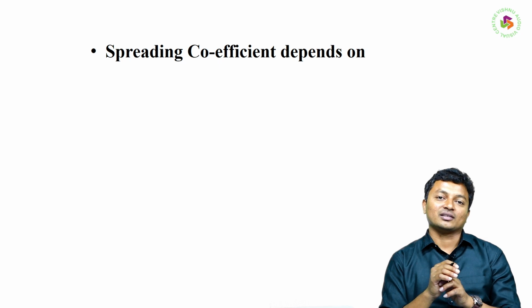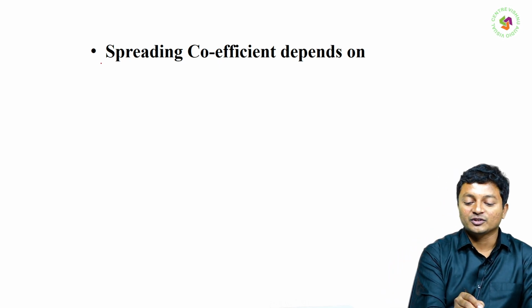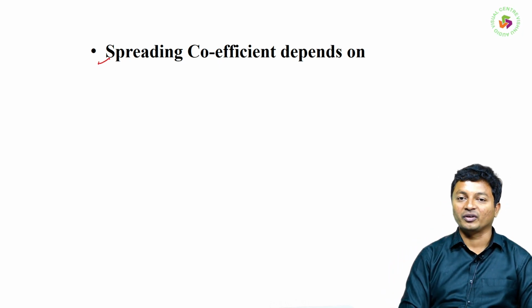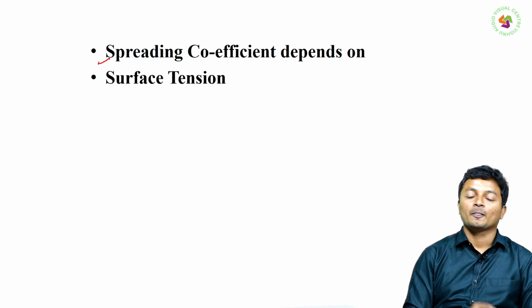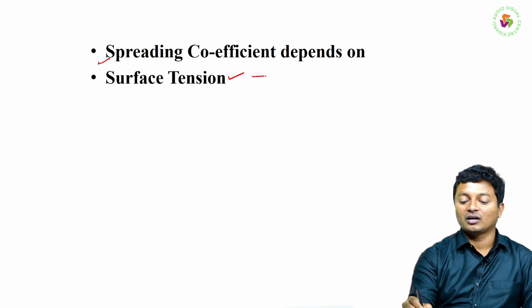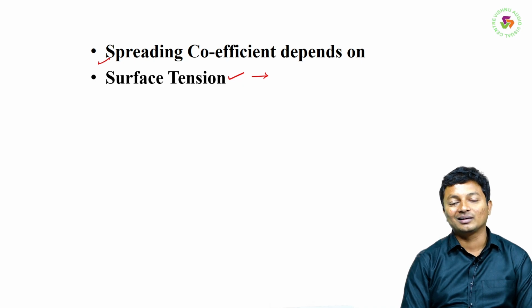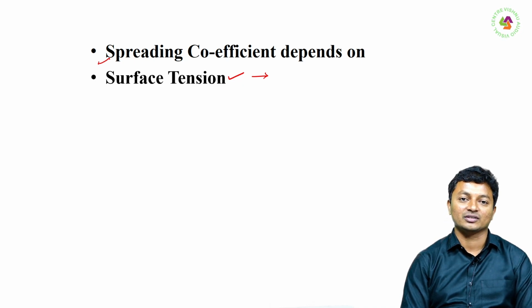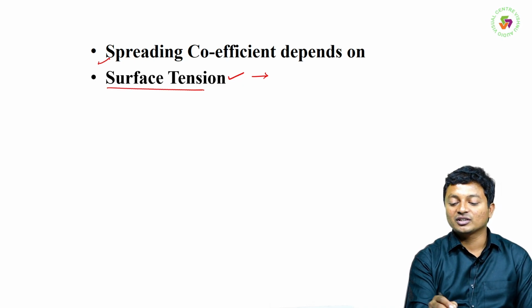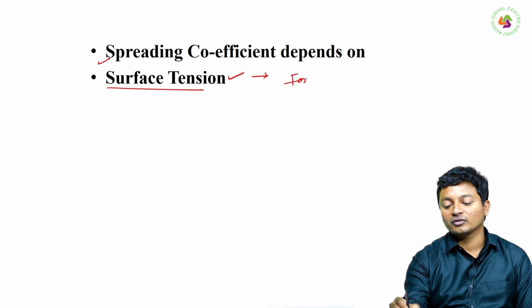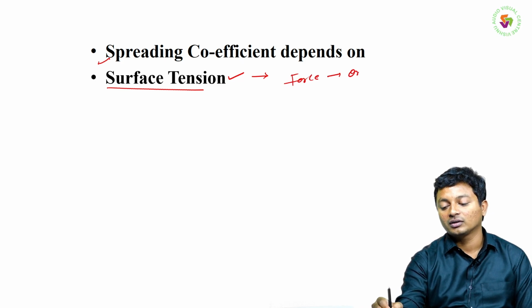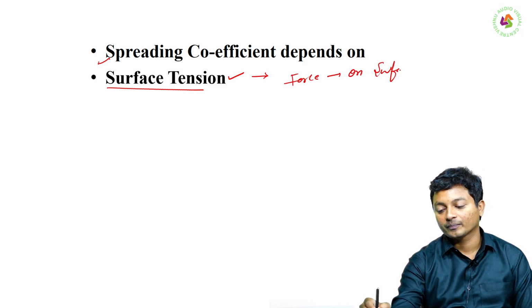Basically, the spreading coefficient depends on various factors, like surface tension. Already we discussed in the previous classes, in detail, what surface tension is. Surface tension means the force which acts on the surface only.